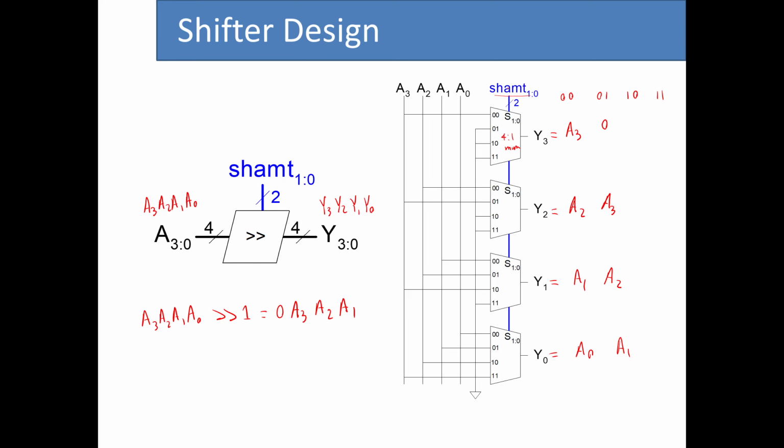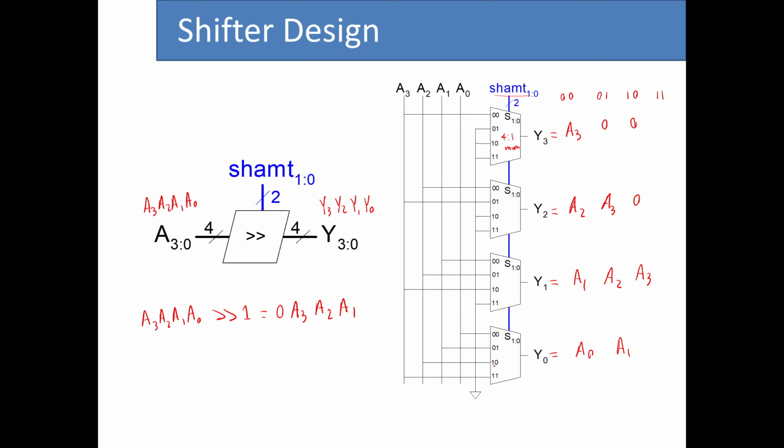When the shift amount is 2 places to the right, its value is 10. So the 10 input of the first multiplexer is connected to the ground, so y3 is 0. The 10 input of the second multiplexer is also connected to the ground, so y2 is again 0. The 10 input of the third multiplexer is connected to A3, so we have A3 here.